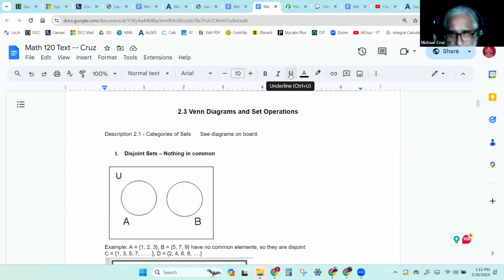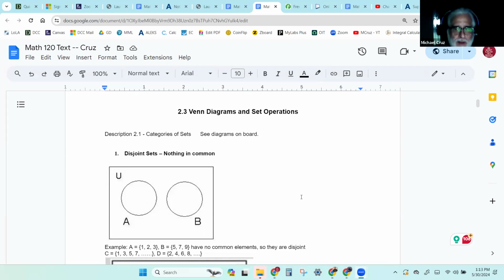Here in 2.3, for the most part, we're talking about two sets. The square represents the universal set, and everything inside of the rectangle and even inside of the circles is part of the universal set. The circles inside represent A and B.